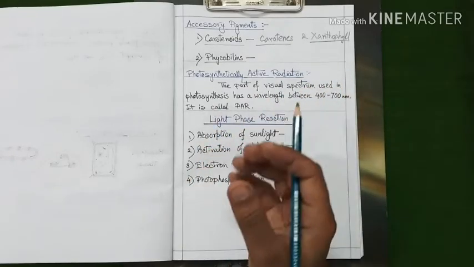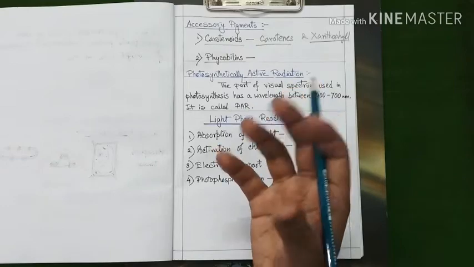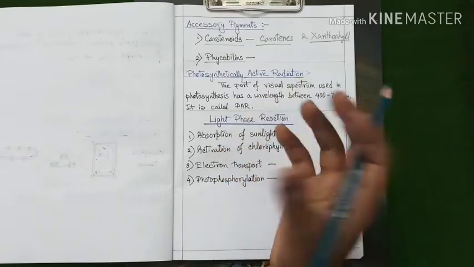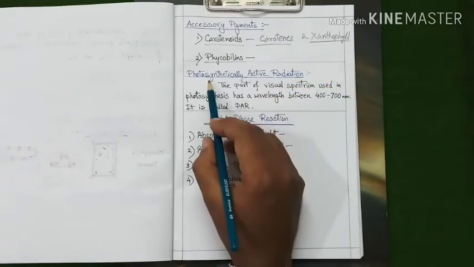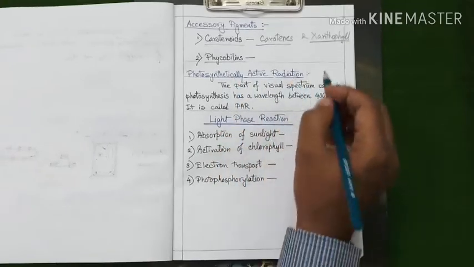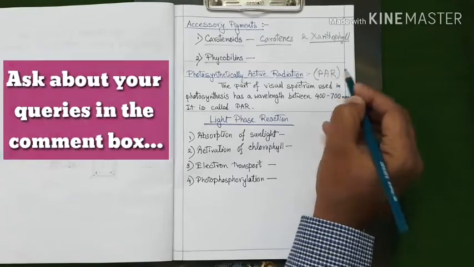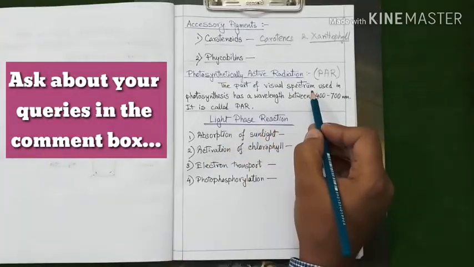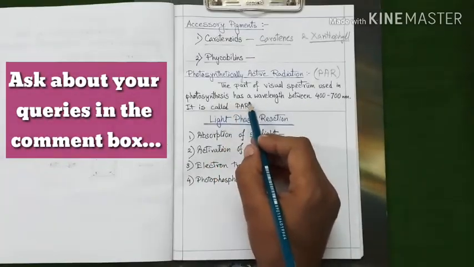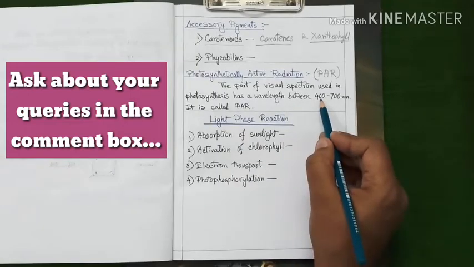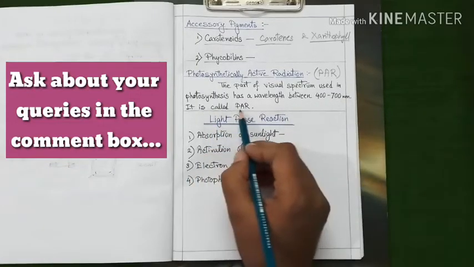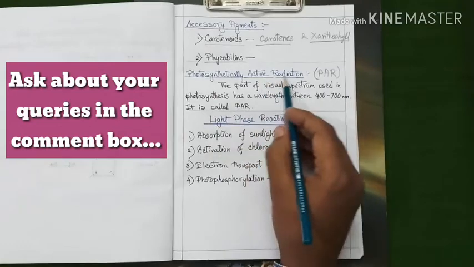Now, let's know about the spectrum, the light that can be absorbed by green plants. The photosynthetically active radiation, which is also known as PAR. The part of the visual spectrum used in photosynthesis has a wavelength between 400 to 700 nanometers. It is called PAR or photosynthetically active radiation.